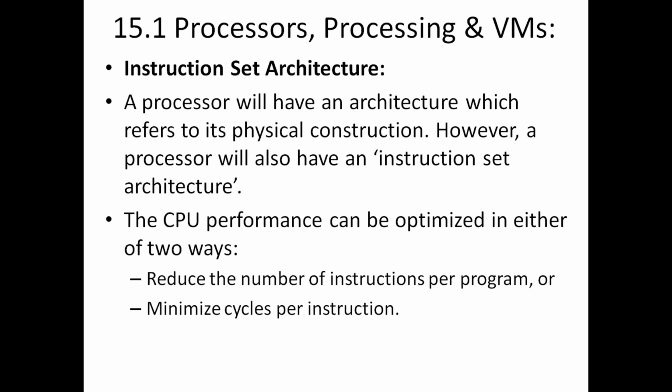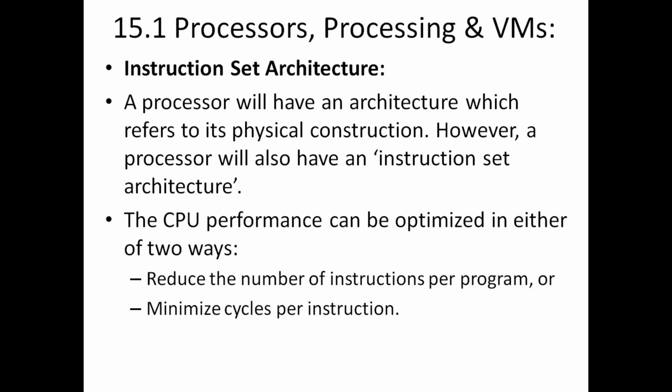Now, before we go further, remember that a CPU's performance can be optimized in one of two ways. I'm not talking about the five factors you studied in your O-levels and AS, like increasing the bus size and increasing the RAM. We are talking only about the link with the instruction set, and for that there are only two things you can do.